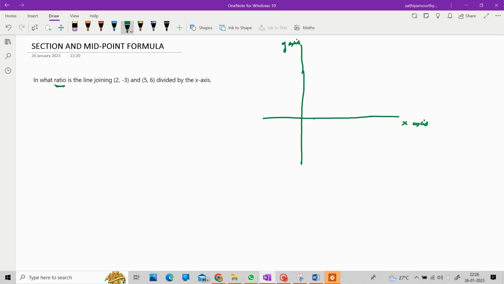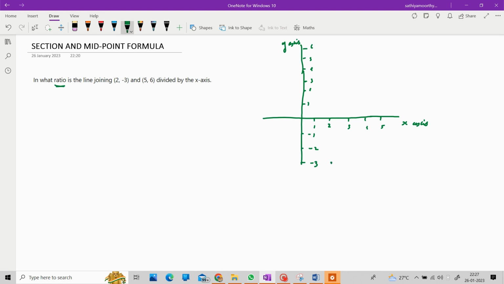We did not plot the point, just for your understanding I am explaining. 1, 2, 3, 4, 5 here, and here it is 1, 2, 3, 4, 5, 6. Here if you go, it is minus 1, minus 2 and minus 3. Now 2, minus 3, if you plot, it is somewhat over here.